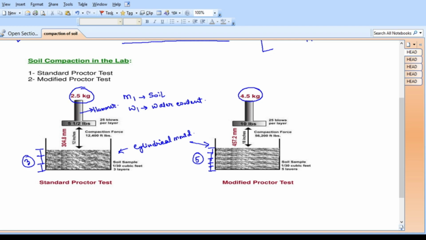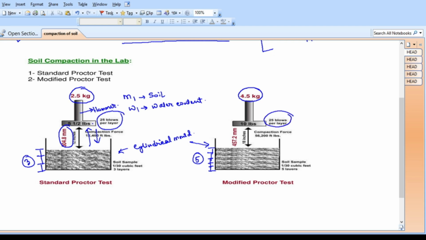This hammer is lifted to a height of 304.8 mm and is subjected to free fall. That means we lift it up to a certain height and release it to fall freely. This way for each layer we tamp it with 25 blows. In both cases, the number of blows is 25 per layer.